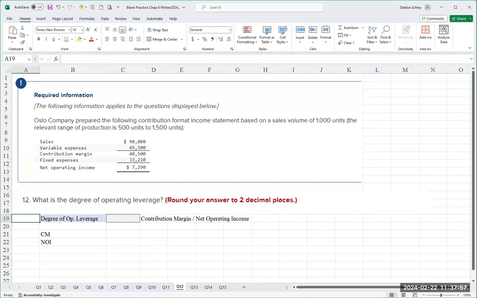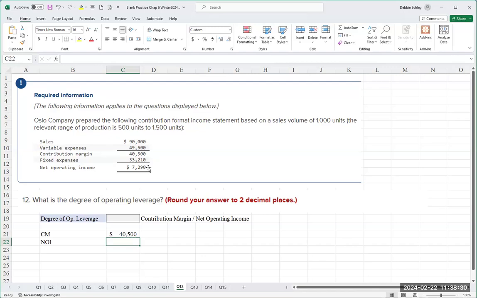Okay, now we're talking about degree of operating leverage. And again, the definition of degree of operating leverage is how fast net income grows compared to a growth in sales. So you get that by taking the contribution margin divided by the net operating income. So my contribution margin is the 40,500 and which is right here.